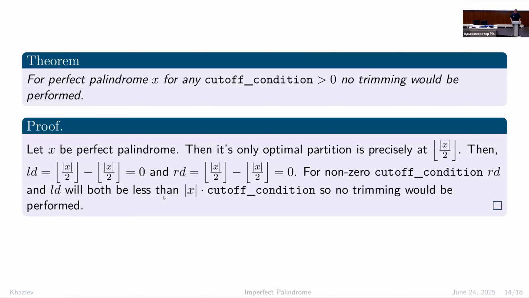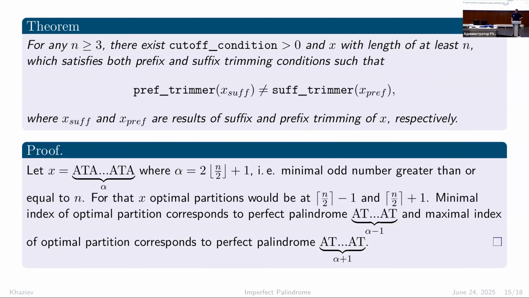So LD and RD will both be equal to 0. And 0 is obviously lower than positive numbers, so no cutoff would be performed.